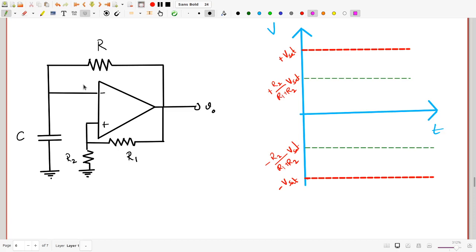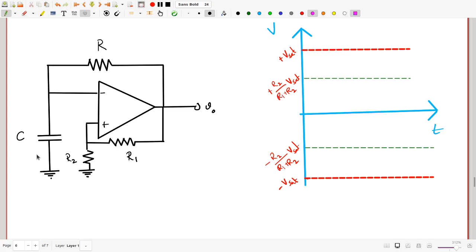Then, the capacitor will be in a situation like this. It's uncharged, and is connected via resistance to a voltage V0. And although there is another branch here, remember that the op-amp has huge input impedance, so it does not draw any current. So this RC is really a series RC circuit, something we have studied a long time ago in our course.